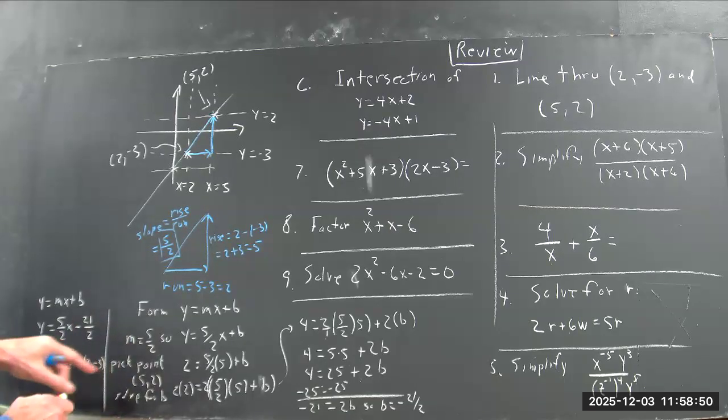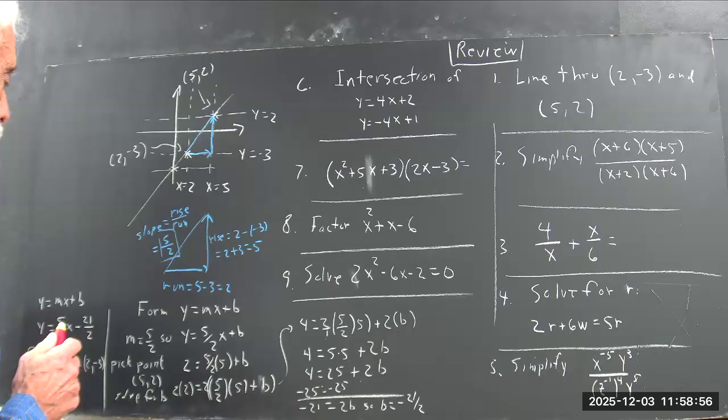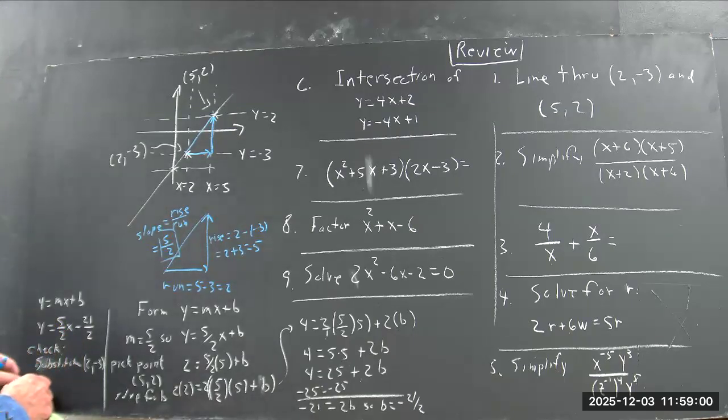We substitute 2, -3, meaning x is 2 and y is -3. So -3 should equal 5 halves of 2 minus 21 halves. So -3 should equal 10/2 minus 21/2.